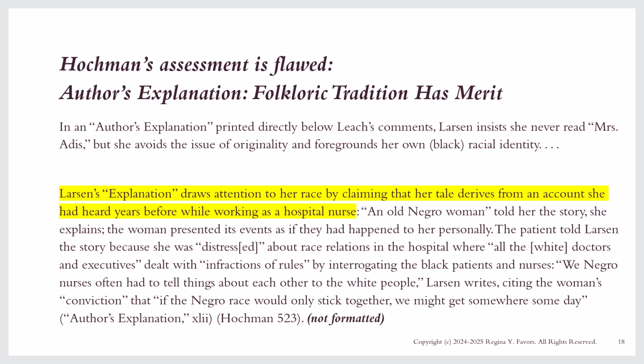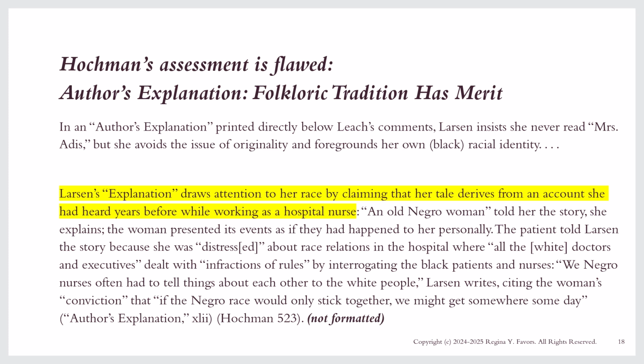And again, it's not MLA formatted. So what she is suggesting is that she's pointing to folklore as the basis and source of information for writing Sanctuary. And we're going to see in a little bit that Sheila K. Smith also points to source information that is reminiscent of folklore.